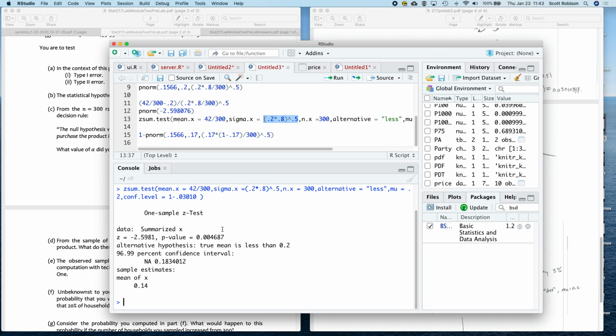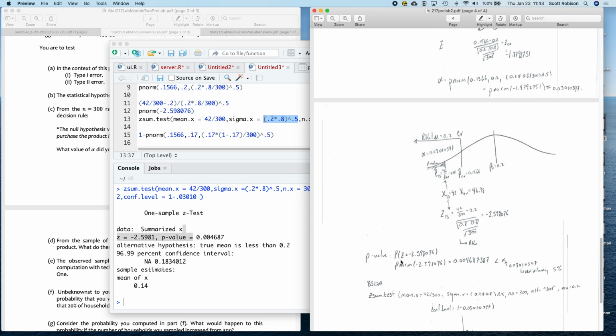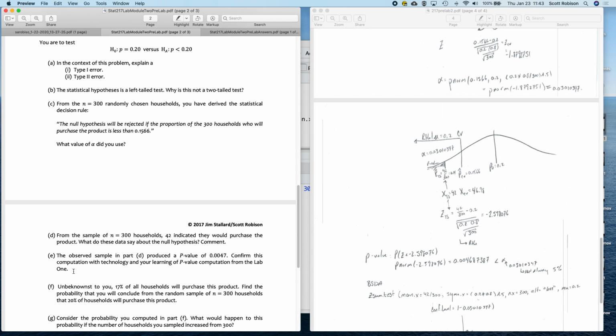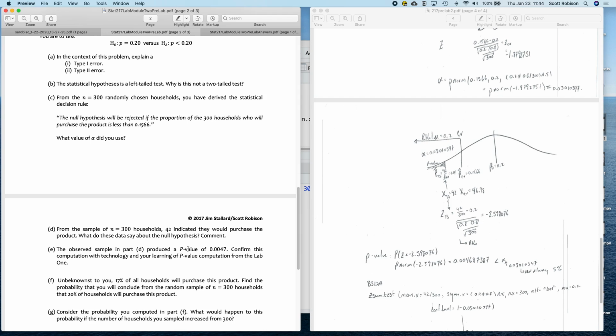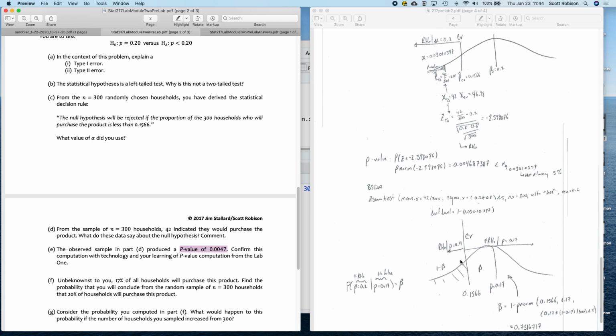So I'm just going to put in that many digits. And you can see it's going to find you the test statistic in terms of z. It's going to find you the p-value, which we've also already done. But it's just another way of calculating it, if you like. Okay, so we've confirmed that the p-value really is somewhere around 0.5%, so 0.0047. I guess it would round to that. So yes, we've confirmed that that is in fact true.